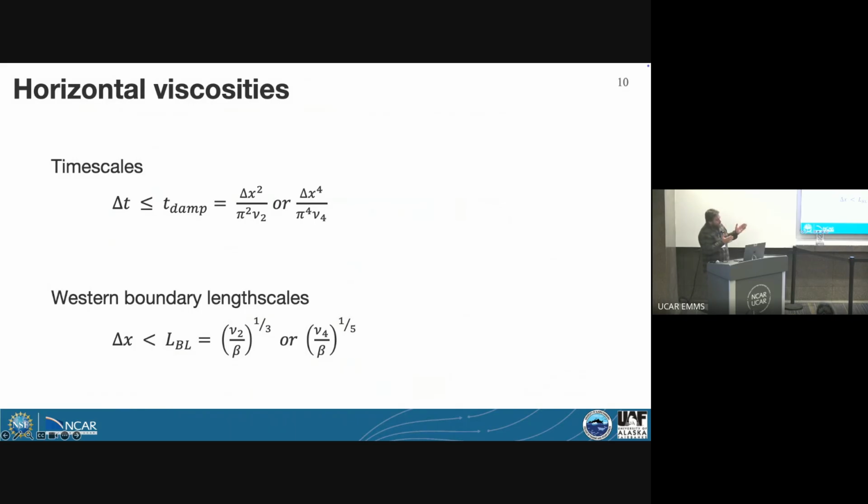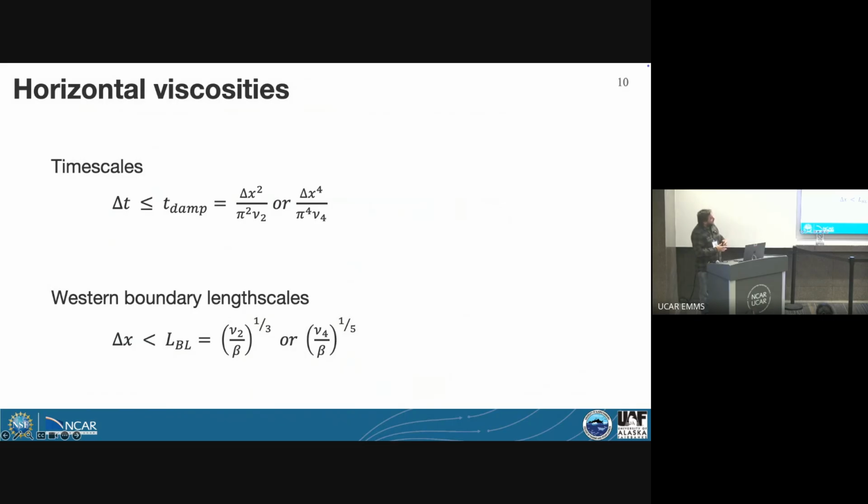So the idea is this damping time scale needs to be resolved by your model time step, and you want to damp stuff at the grid level. So you want the time step to be long enough that you will damp stuff at the grid level, but not too long so you don't damp what you are after, like eddies and the dynamics you want to resolve.